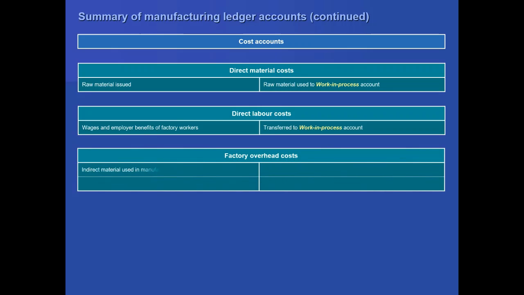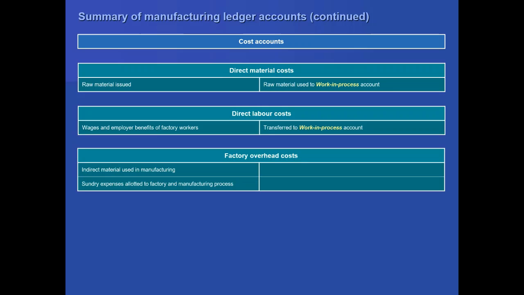Factory overheads, well, we have the indirect materials used in the manufacturing. We debit that. And then any sundry expenses allotted to factory and manufacturing process. Remember, there could be various nominal accounts that relate to factory overheads. Like you could have an electricity account for the electricity portion of the factory.